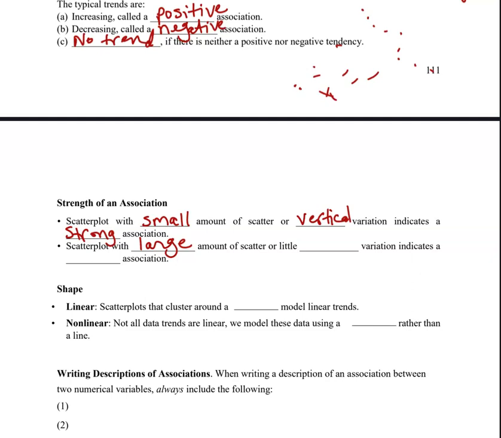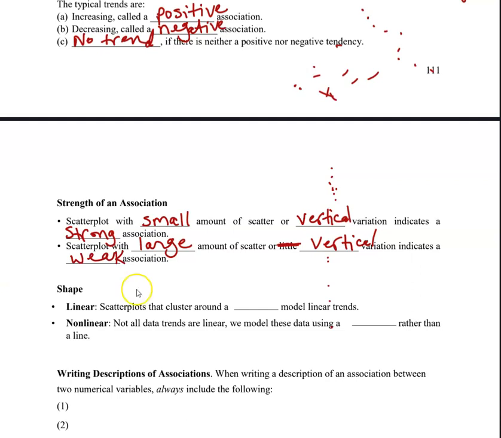A scatter plot with a large amount of scatter or vertical variation. So in other words, if they're spread out more vertically, something like that, versus where they're really close together, that would be a stronger trend. This would be a weaker trend down here. It indicates that we have a weak association. And we'll see plenty of examples of this. You'll get the hang of it.